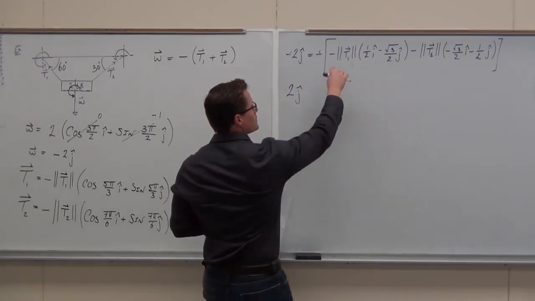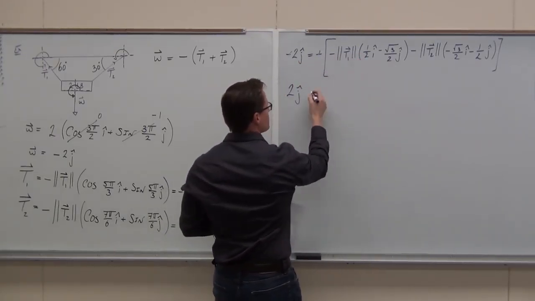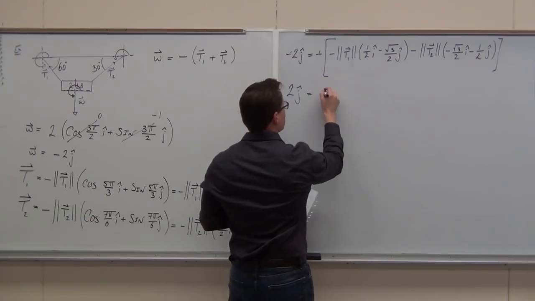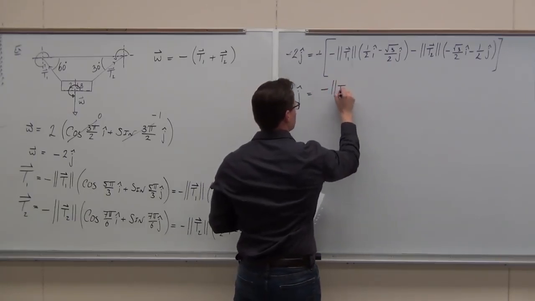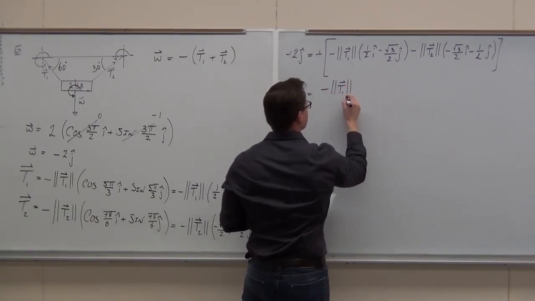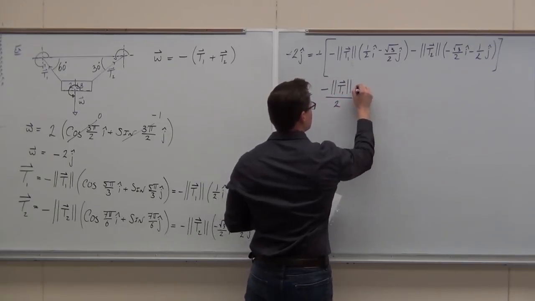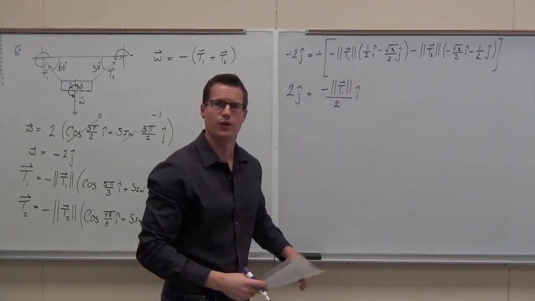So what we're going to do is distribute this magnitude right here. We'll get our negative t1 over 2 i. It's going to get nasty, and there's nothing you can do to avoid it.